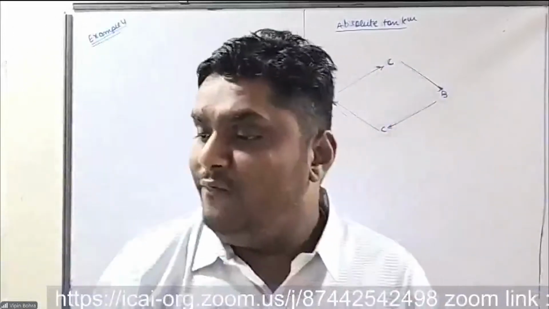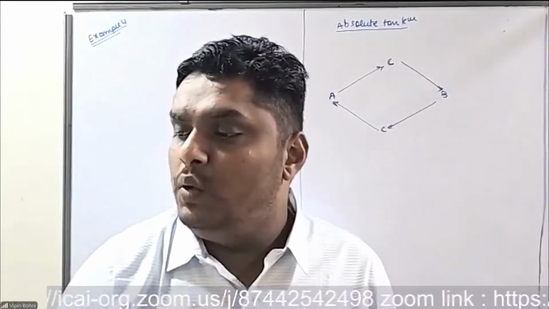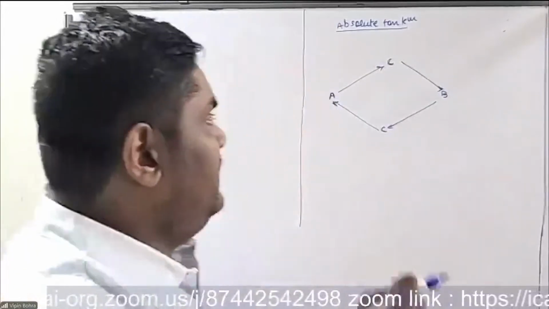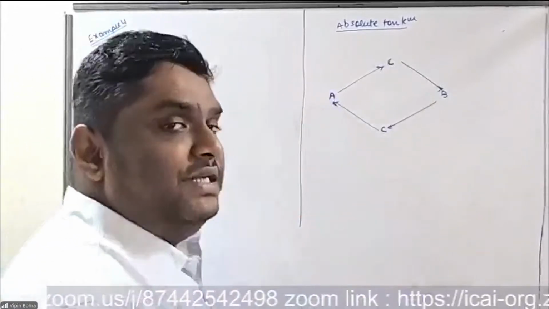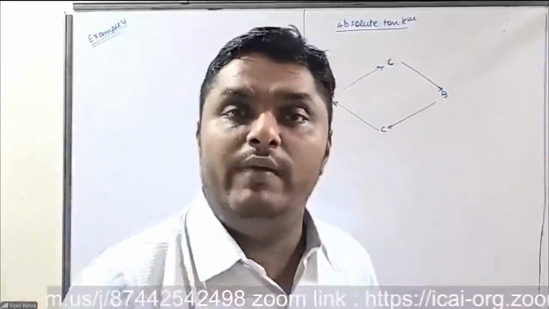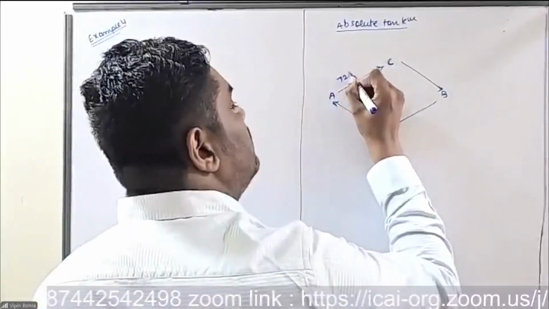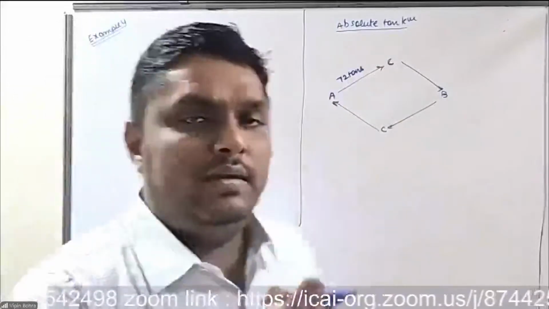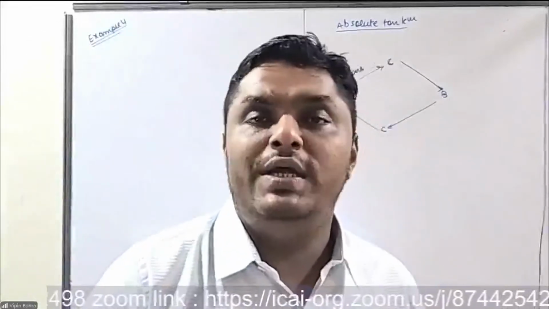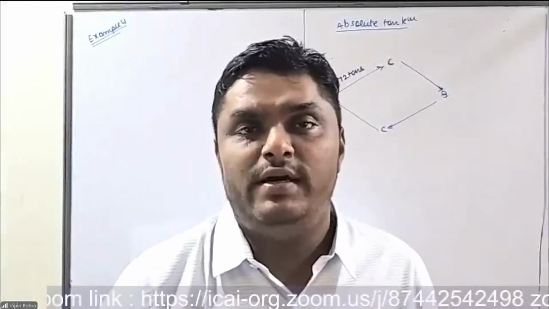When talking about the first part, it is given that the truck made 12 outward journeys with full load, and the capacity of the truck is 6 tons. So 12 into 6, the truck started with 72 tons from city A. So A to C, a total of 72 tons traveled.